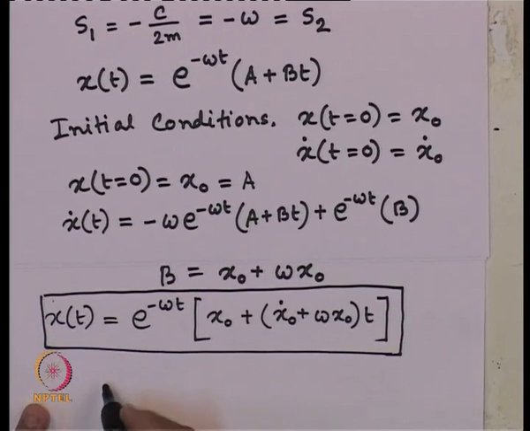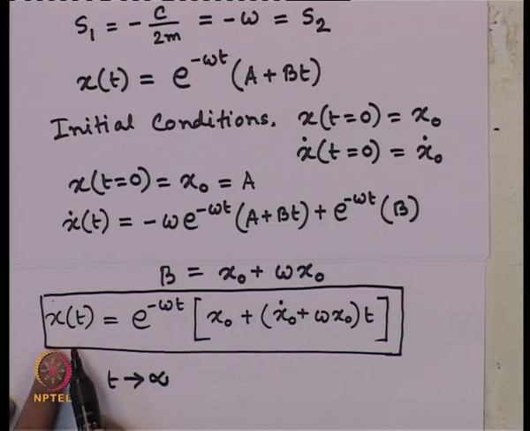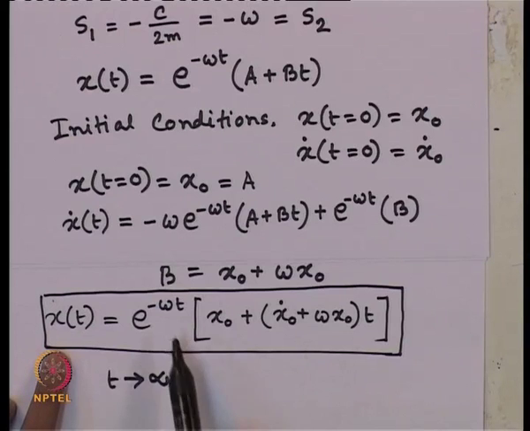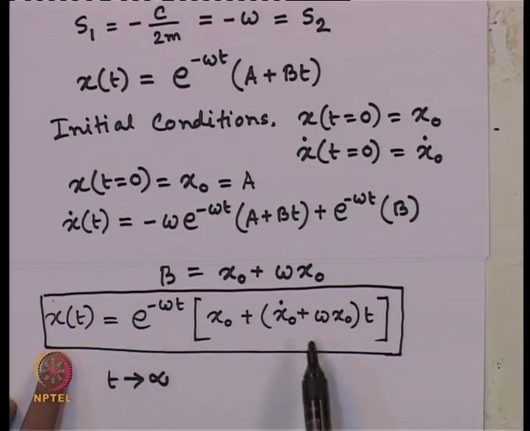Now, if t tends to infinity, what will happen to this function x of t? This exponential is with a negative power, which is called decay. So, this is an exponential decay function, and this is a polynomial function increasing with t.